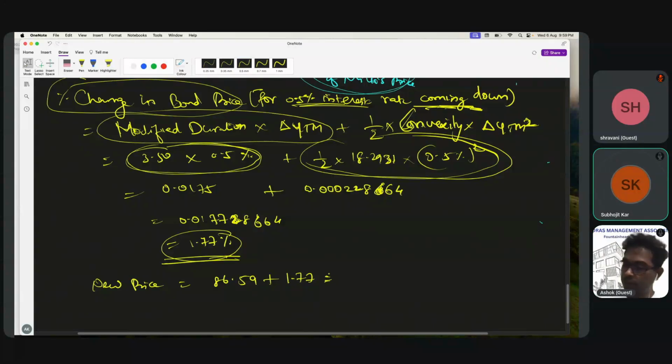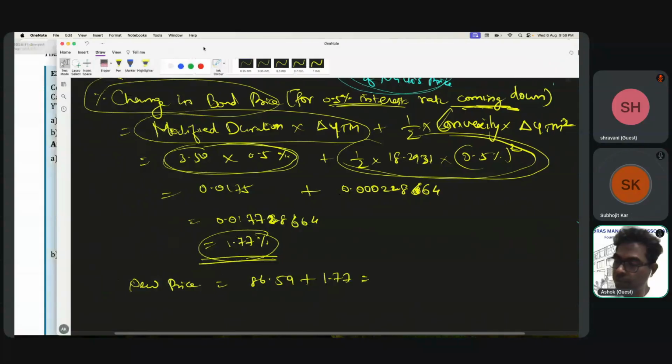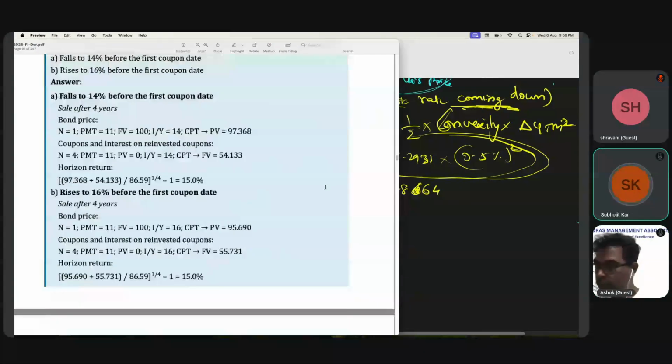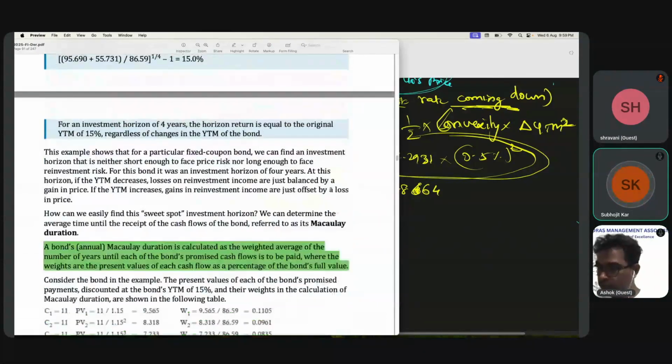So okay, 1.77 and not percentage, right? This is 1.77. Okay, 1 minute, let me check that one. Should be percentage.